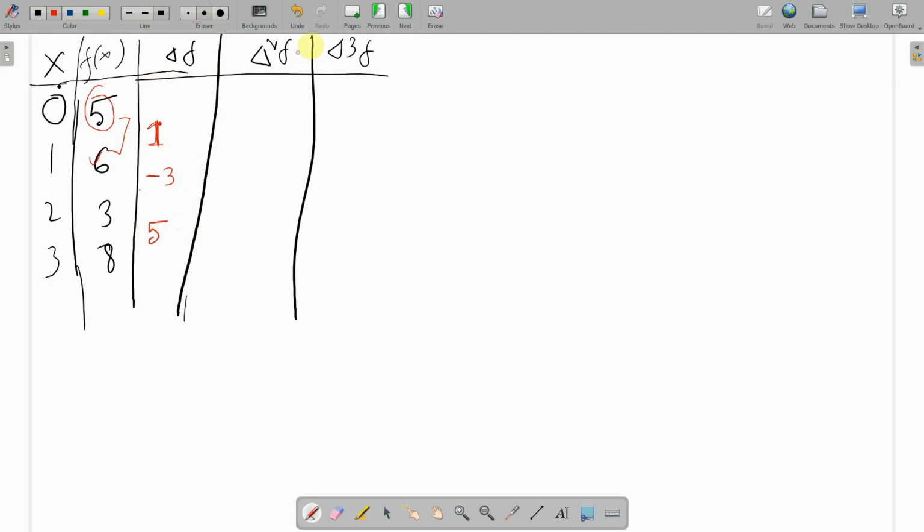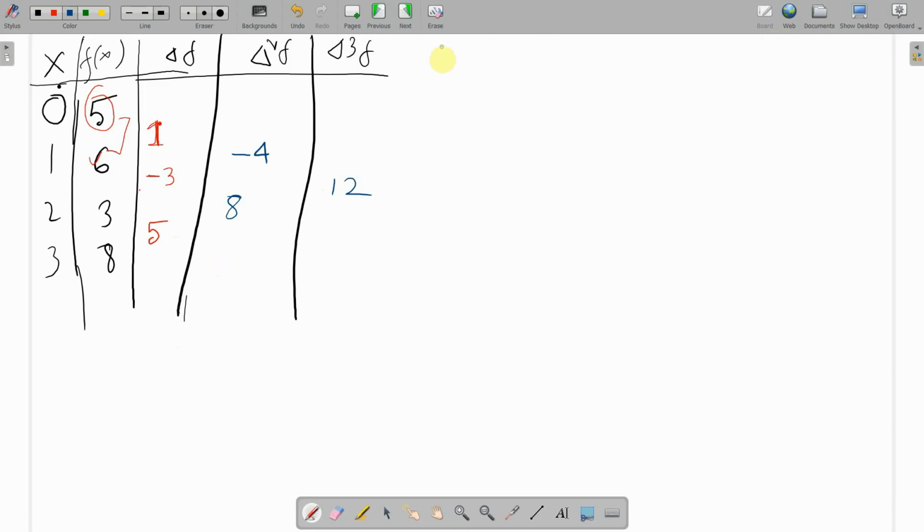Now for delta square f, what will I do? Minus 4. Got it? Anyone who didn't understand can say so. And this one will be plus 8: 5 minus minus 3, so that will be minus plus, 5 plus 3 becomes 8. Now this will give you which value? 8 minus 4 gives you 12.